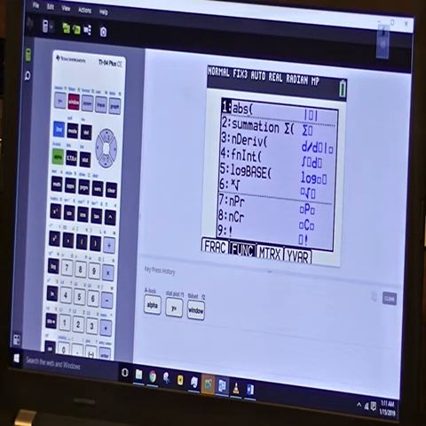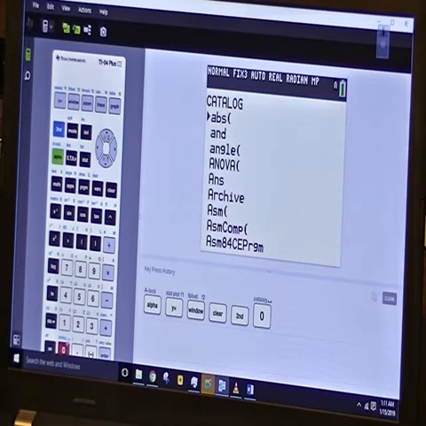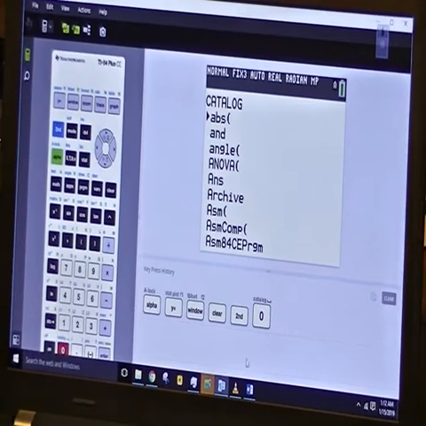So alpha window is where you can find absolute value, or you can hit second 0, which goes to your catalog. Absolute value, ABS, is the very first choice, and you would do that underneath the y equals to graph it that way.